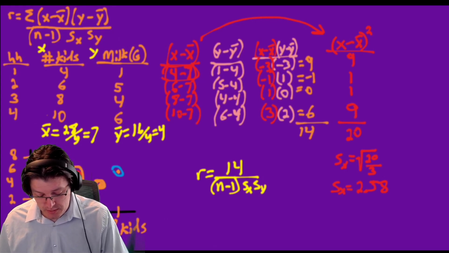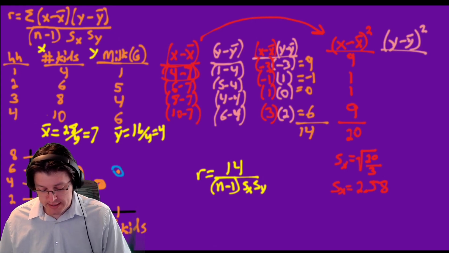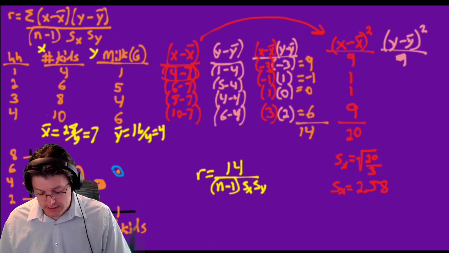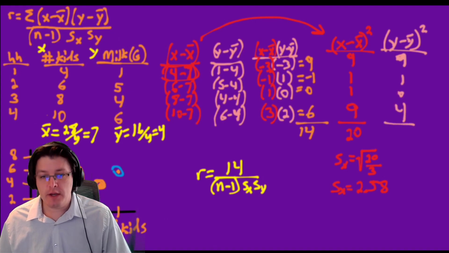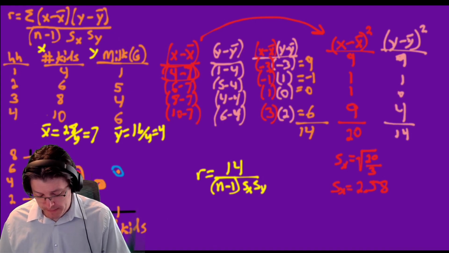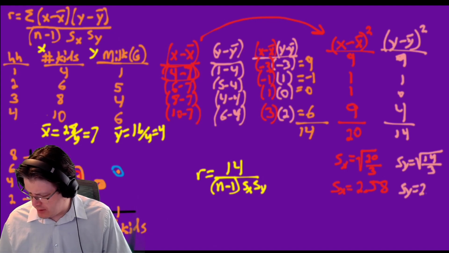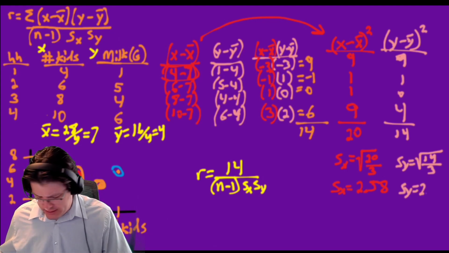And then let's do sy. So y minus y bar squared is 9. That's a 9. 1, 0, 4, I believe, which gives us 14. So sy is the square root of 14 over 3, which again I get as 2.116.